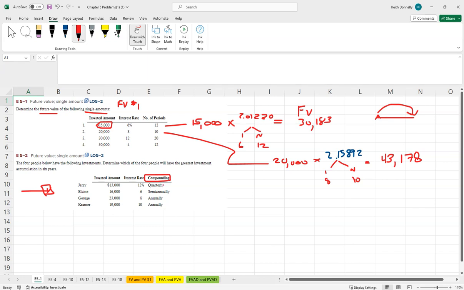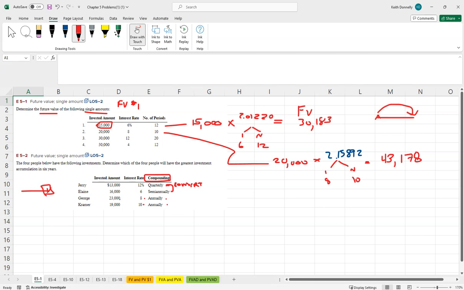So if it's quarterly or semi-annual, you have to convert the I and the N. If it's annual, you're good to go. You can use these numbers as given.